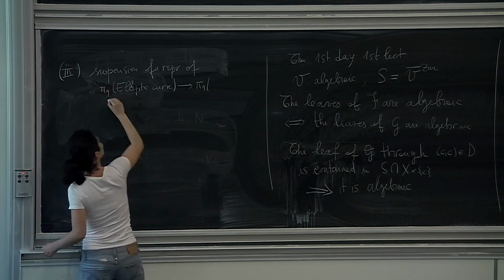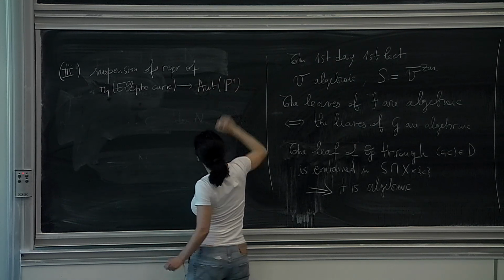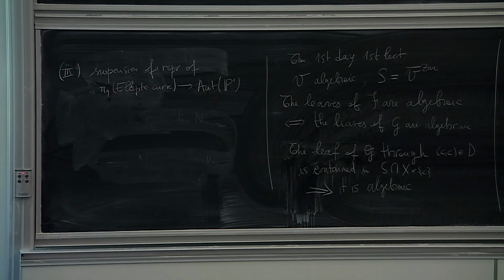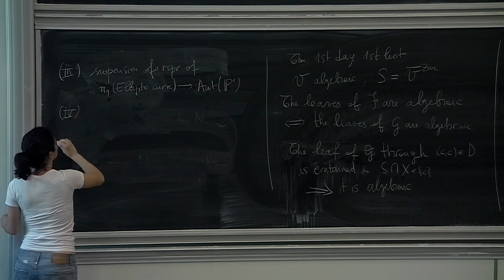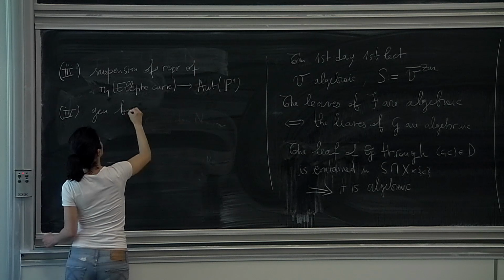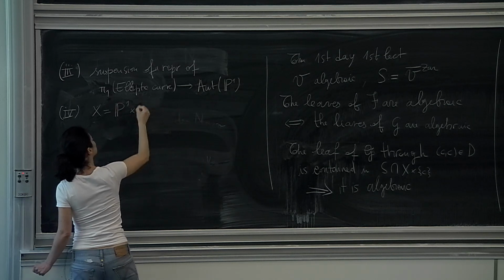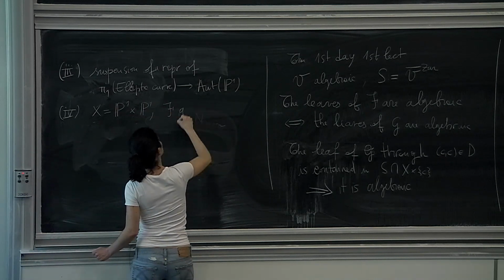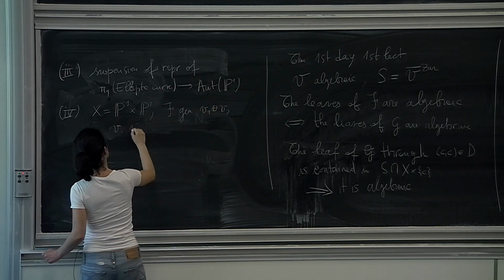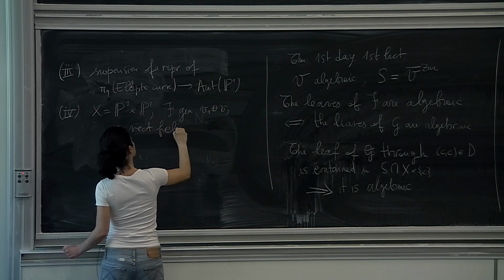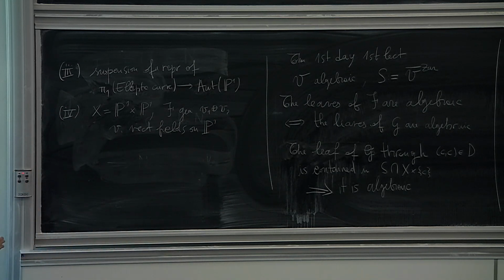The pi1 of P1 is not very interesting. Okay, I hope you've seen some examples of those last week. And then, on X equal P1 cross P1, F generated by V1 times V2, where Vi are vector fields on P1. Okay, those are the four families.